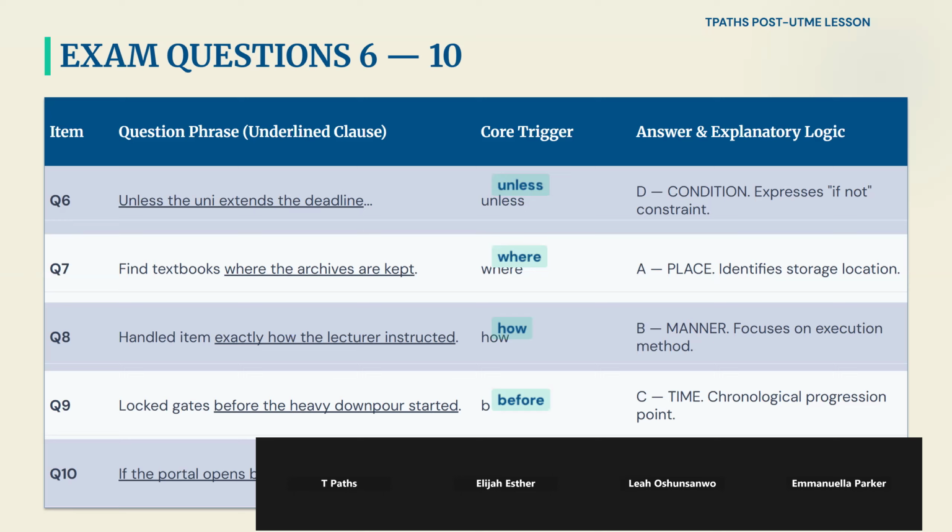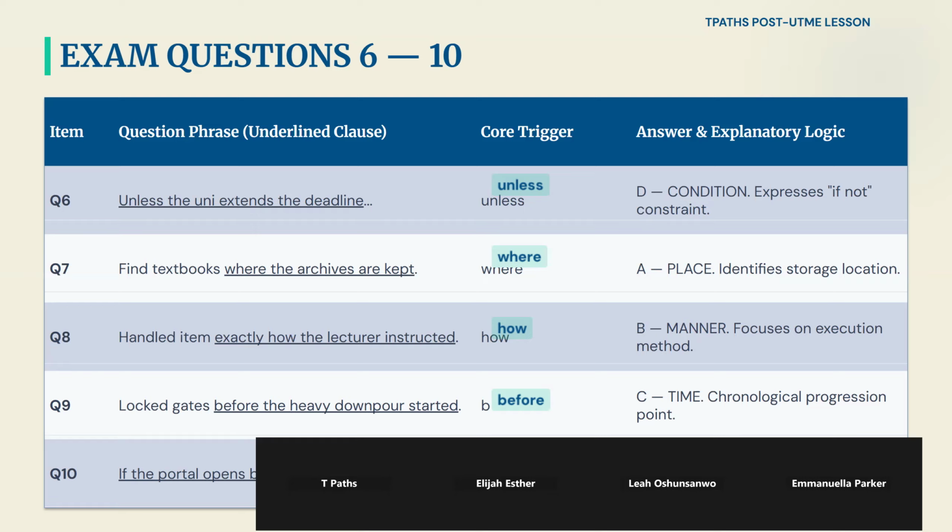Another set of questions, from 5 to 10. Unless the university extends the deadline. Unless is what condition? It expresses if-not constraints.